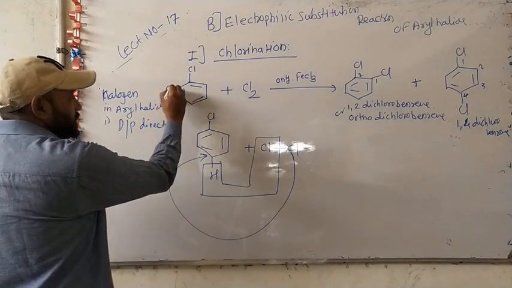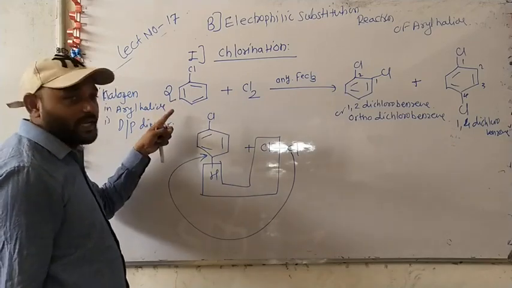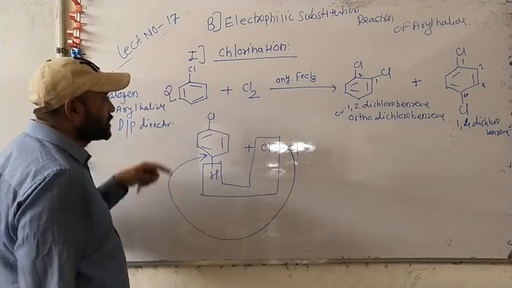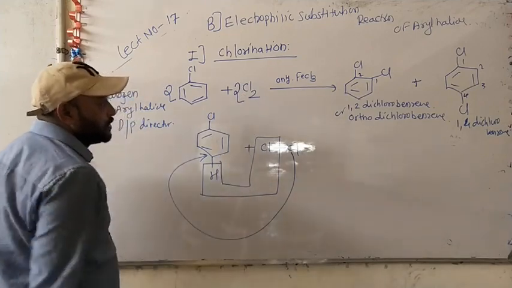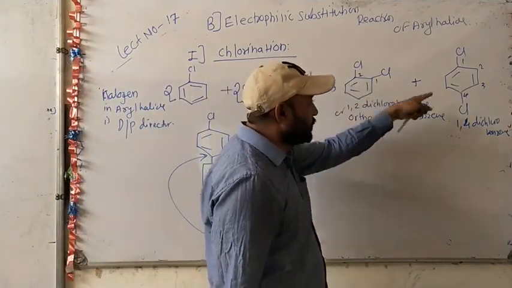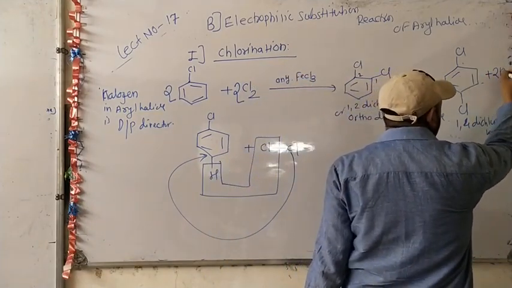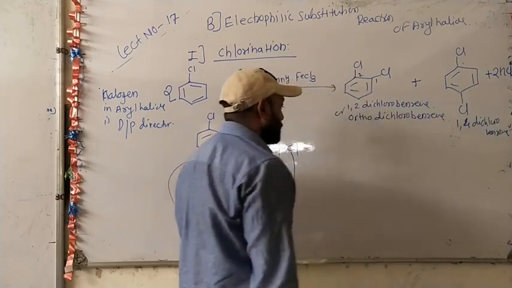So here two reactions occur, one for ortho and second for para. That's why I'm taking this 2 times. Reaction for ortho 1 time and reaction for para 1 time. That's why this is 2 mole and this is also 2 mole. So forming 1,2-dichlorobenzene and 1,4-dichlorobenzene plus 2 times of HCl.